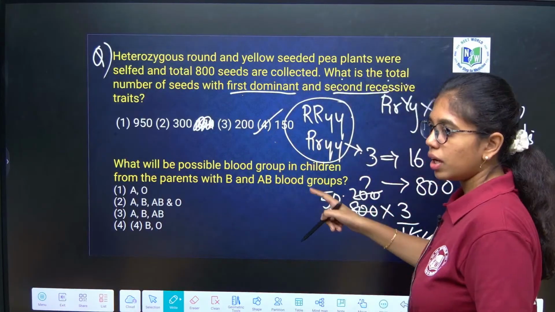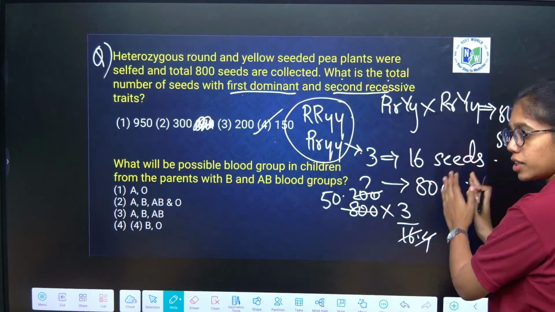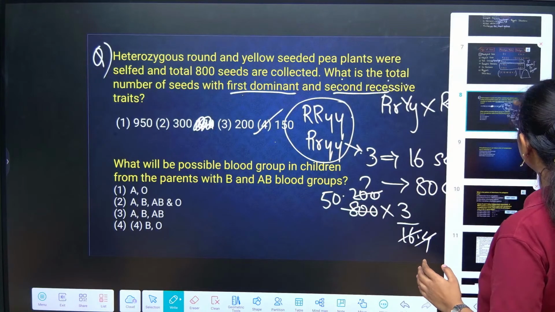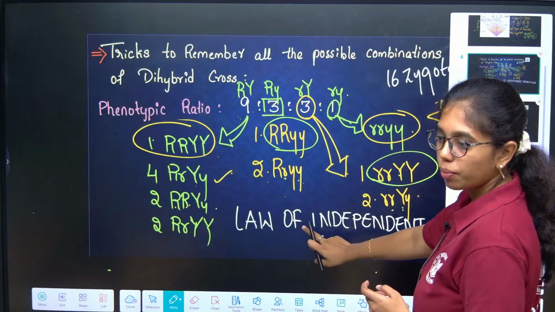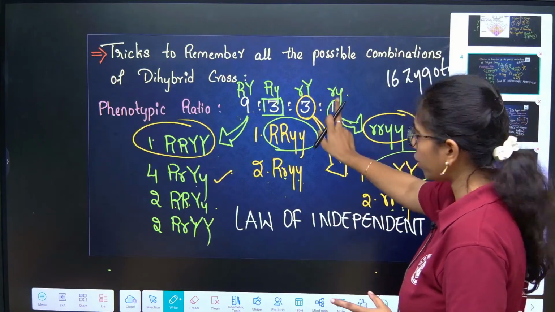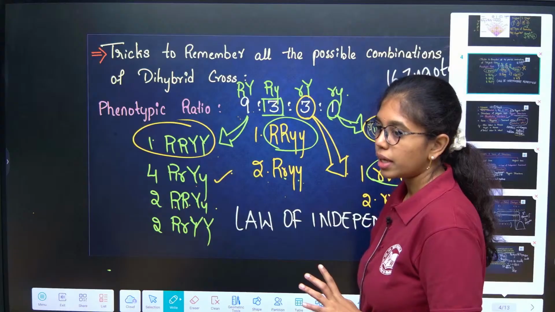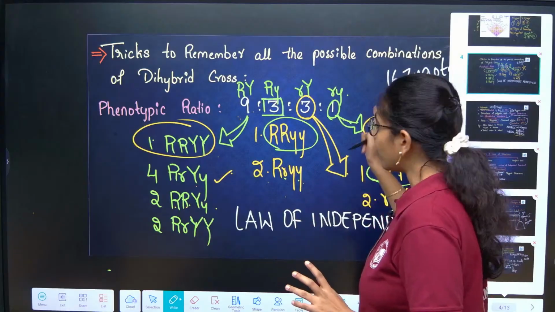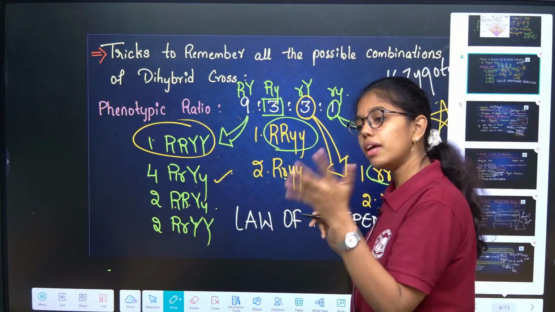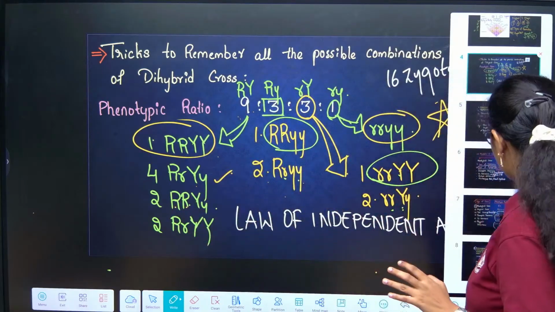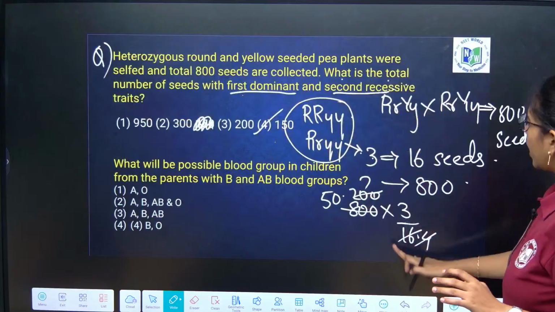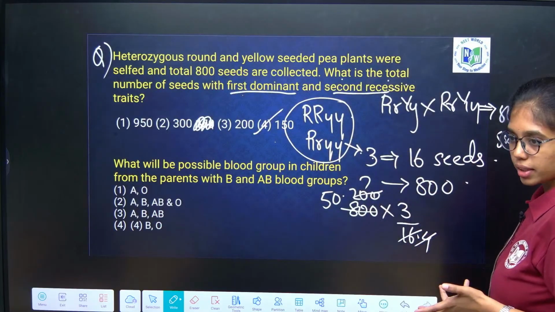That is why I said it is important to know the allelic combinations, the genotypic combinations of this phenotype. Because of this reason only: if you know the genotypic combination for 16 seeds, for however many seeds he is asking, you can apply it and answer. So for 800 seeds, now it is easy to calculate.